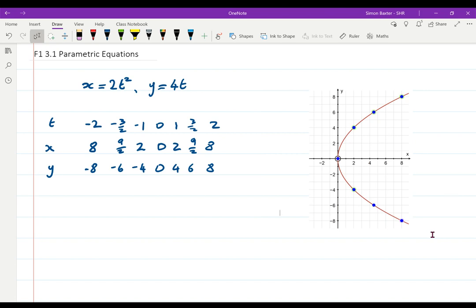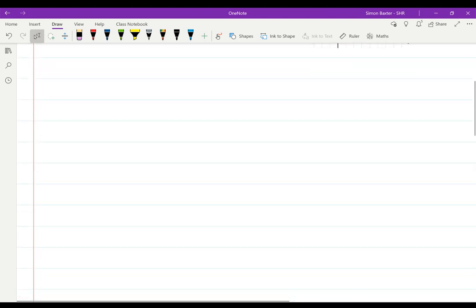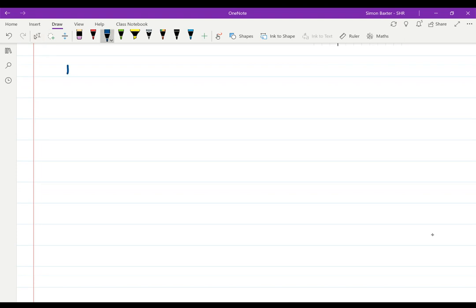In general, for the parametric equations for a parabola, we use x equals a t squared and y equals 2at.